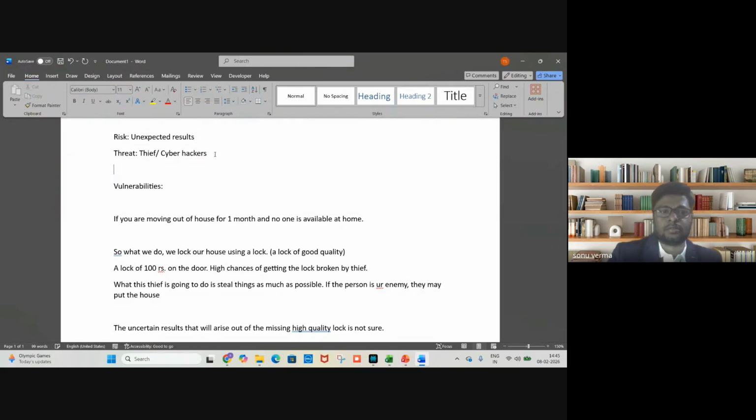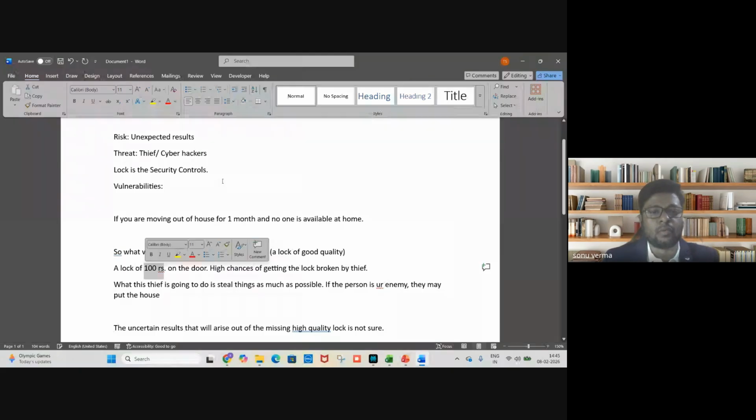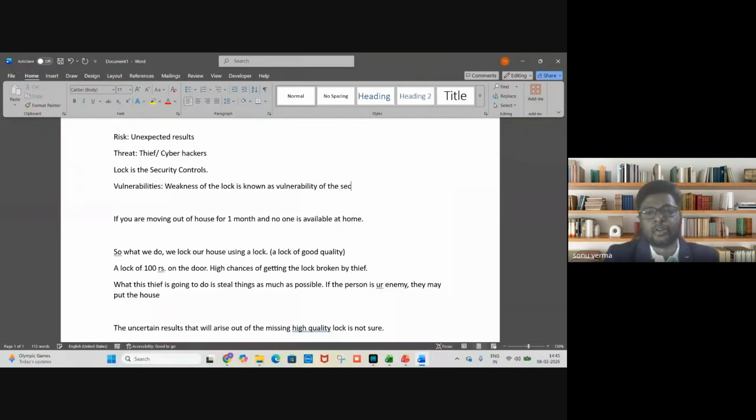Now the weakness: the lock is of 100 rupees. The weakness of the lock is known as the vulnerability of the security control. Right, Akshay? You are trained in information security, right?